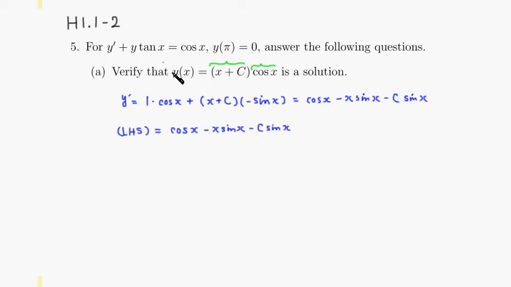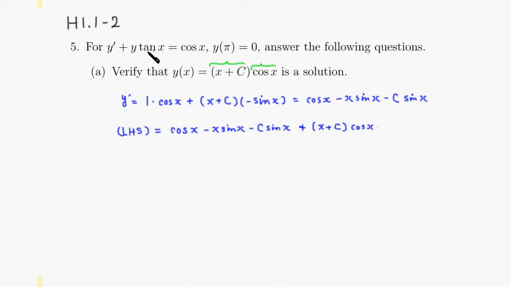The next one is y times tangent of x. Y is the quantity x plus c times cosine of x, and I'm going to multiply by tangent.